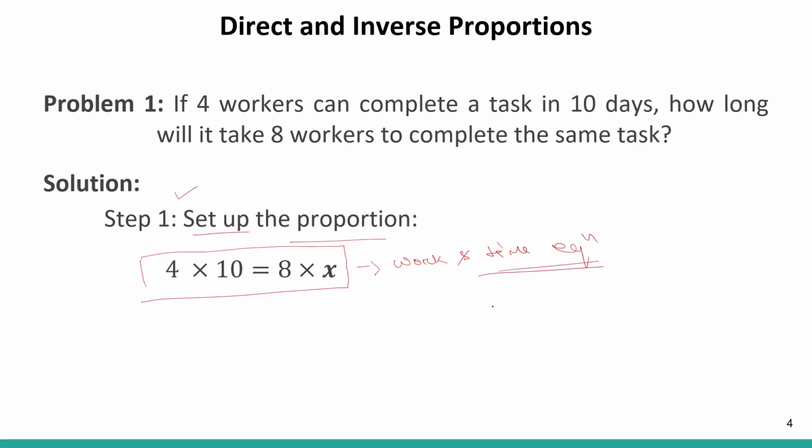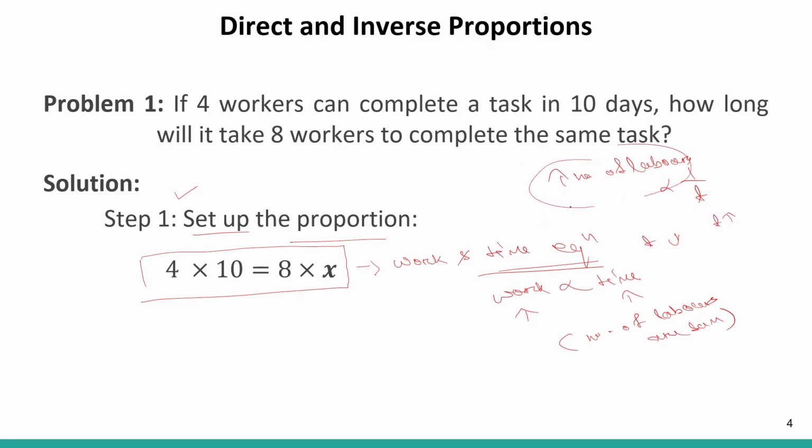We know that work is directly proportional to time: if work increases, then time also increases, provided the number of laborers is the same. And the number of laborers is inversely proportional to time. As the number of laborers increases, time decreases, and as time increases, the number of laborers must have decreased.